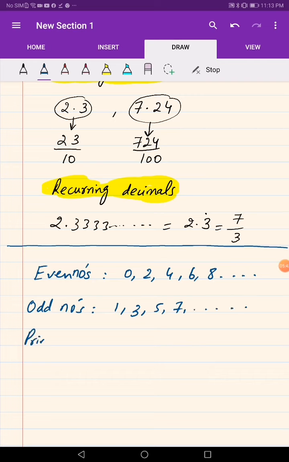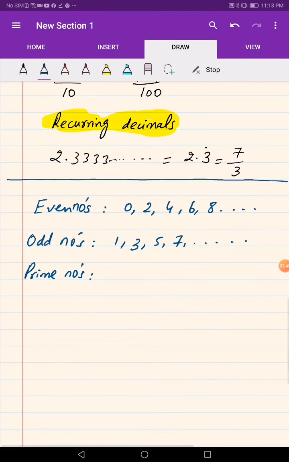Prime numbers: 1 is not a prime number. The first prime number is 2, but I write it in red, I'll tell you the reason for this. Then 3, 5, 7, not 9, 11, and it keeps going. Prime numbers are those exactly divisible by two numbers, namely itself and 1. 2 is the only even number which qualifies as a prime number.